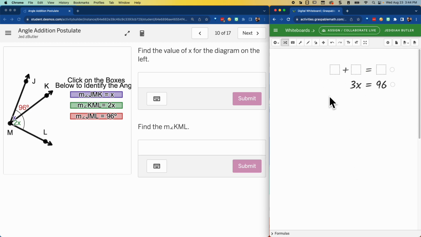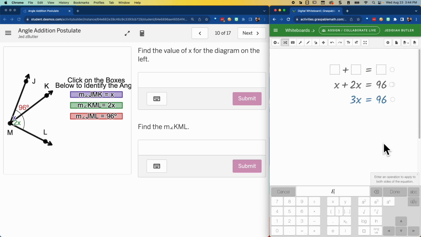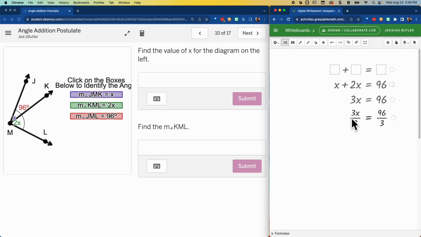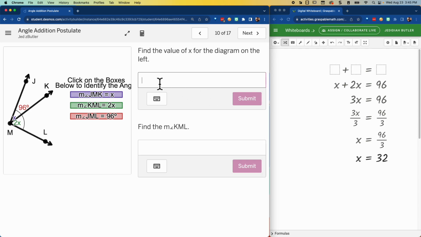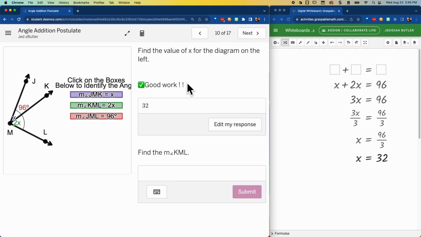I could solve this equation just like any other one. I combine like terms, x and 2x makes 3x. Divide both sides by 3. I get 96 divided by 3, which is 32. So x is equal to 32. Click submit to double check.